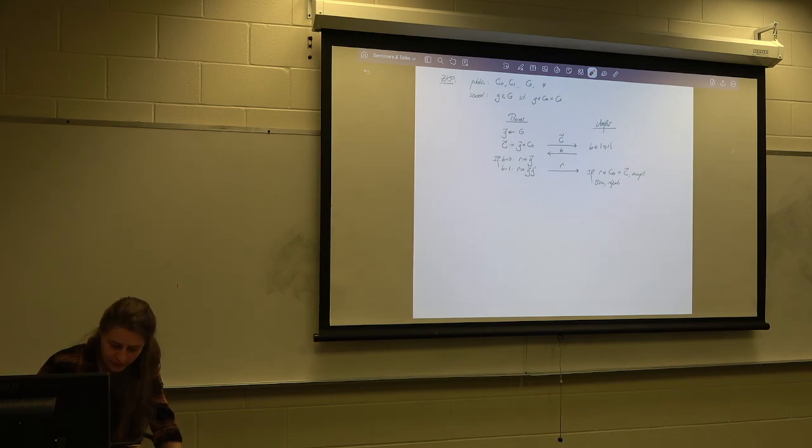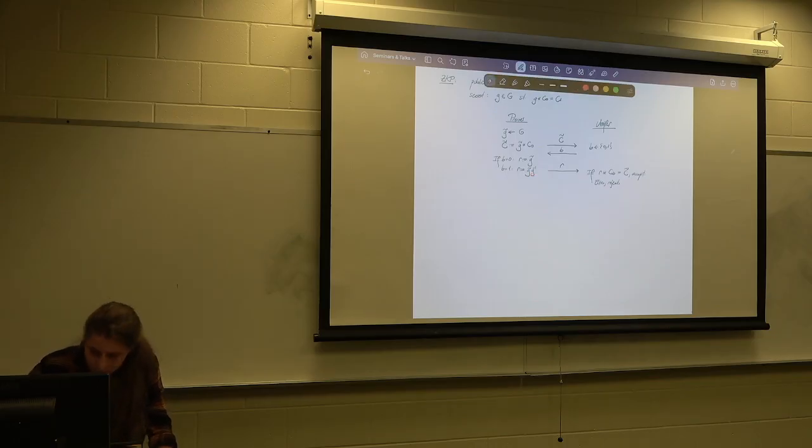What I want you to notice here is that the prover has access to this secret group action g, little g, right? But it's not actually revealing it to the verifier at all. It's masking it with this random group action. So in neither of the cases does it actually reveal information about g. That's what's making this zero knowledge.